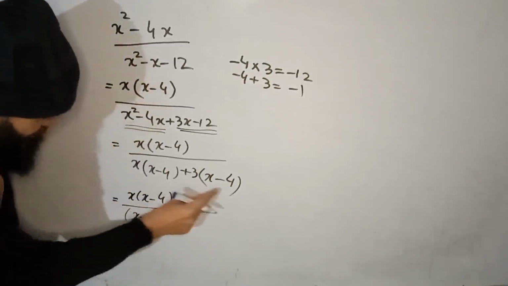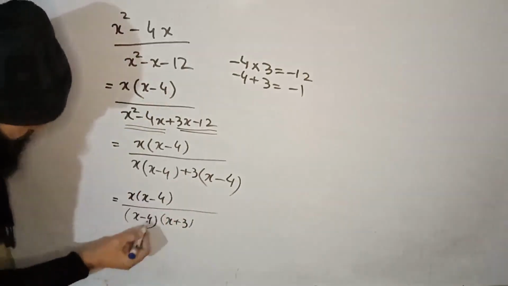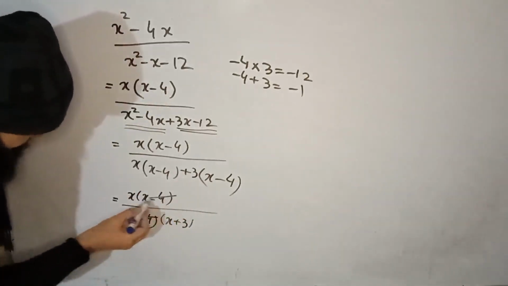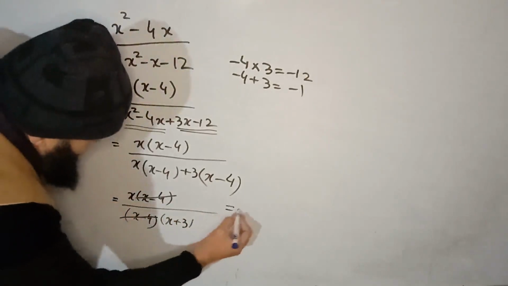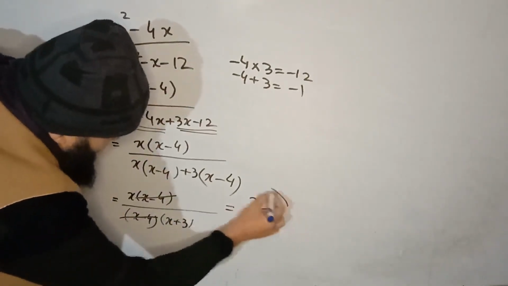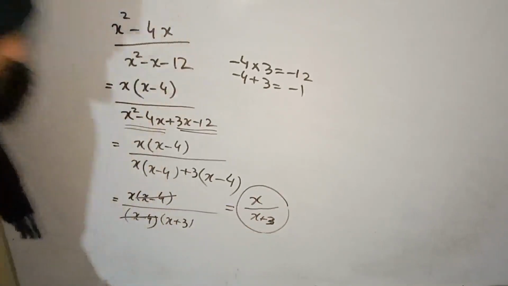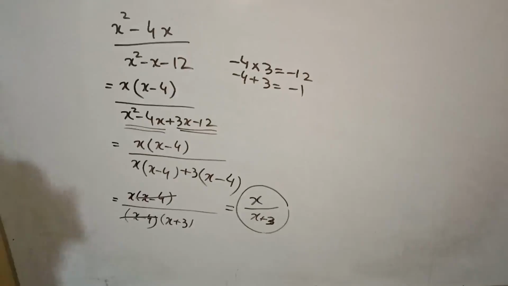So x minus 4 cancels with x minus 4, and we are left with x over x plus 3, which is the final answer of the simplified expression.